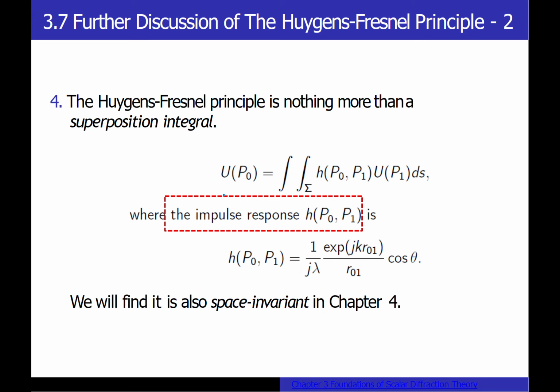And furthermore, we can see that U(P0) is given by this one, U(P1). This is input, output, and this is the impulse response. Okay, the impulse response in this case is given by this one. We are going to consider this a little bit more in chapter 4, but we'll stop here.